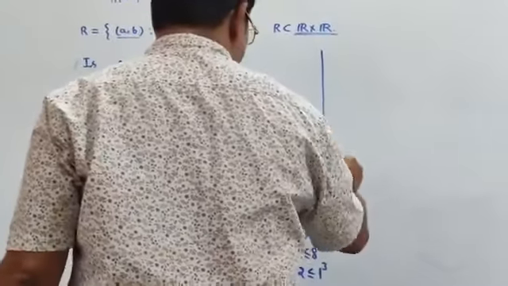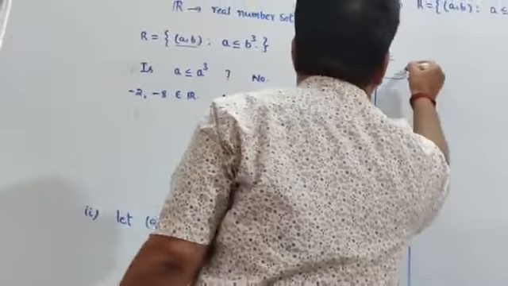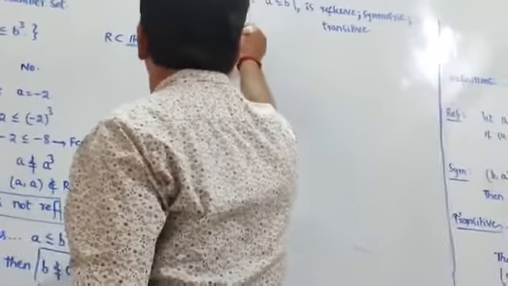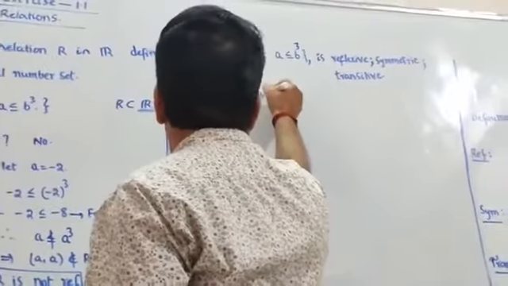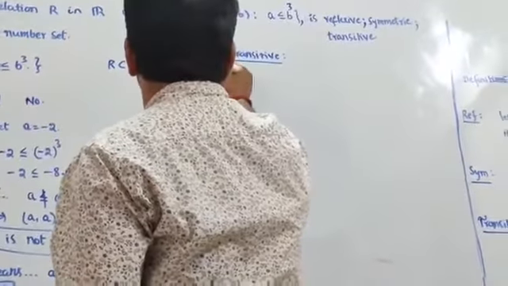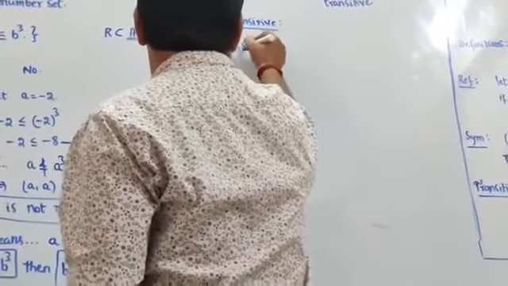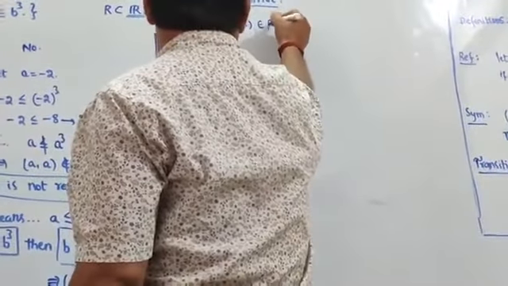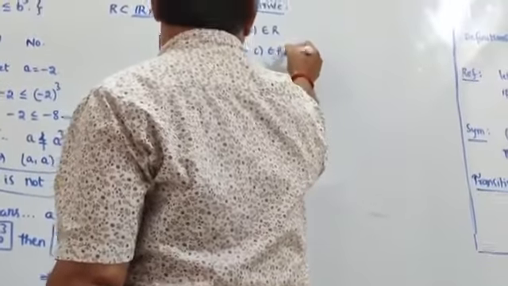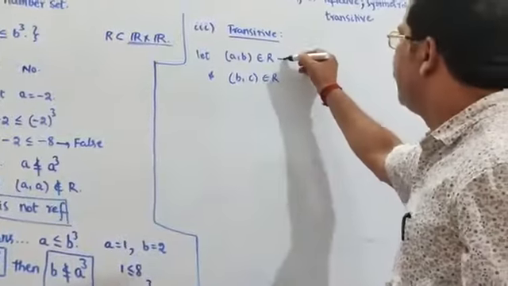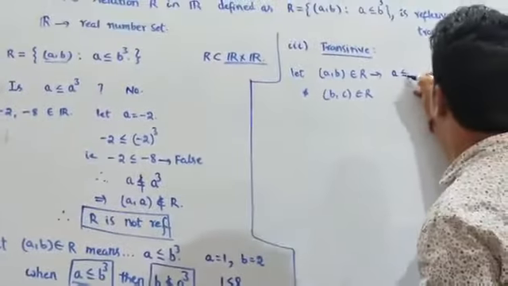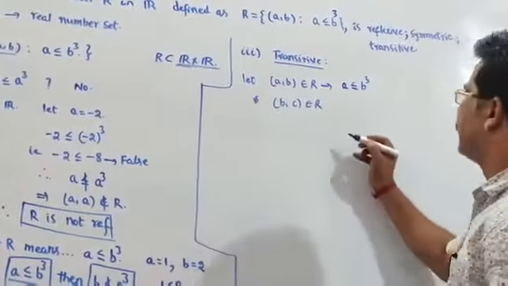Next, number 3, transitive. Let (A, B) belong to capital R and (B, C) belong to capital R. What does it mean? According to the given condition, the first element is less than or equal to the cube of the second element.